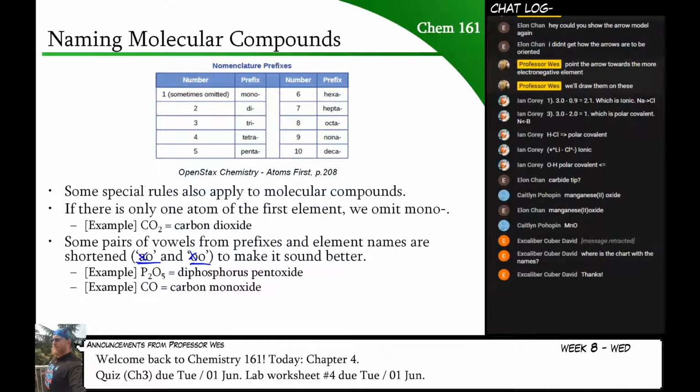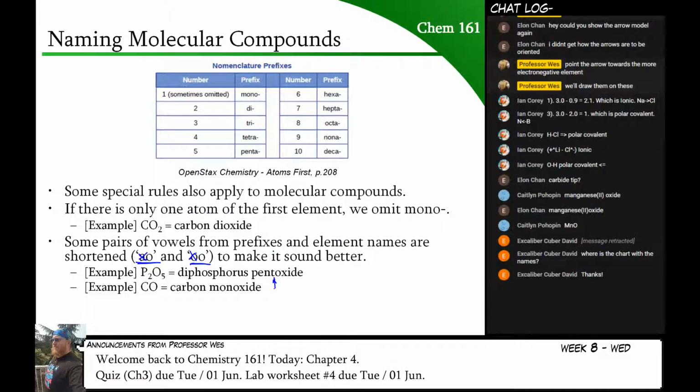So some examples down below. P2O5 is diphosphorus, because there are 2 phosphoruses involved. Pentoxide instead of pentaoxide. We drop the A to make it sound better. For CO, we go carbon monoxide instead of carbon monooxide.